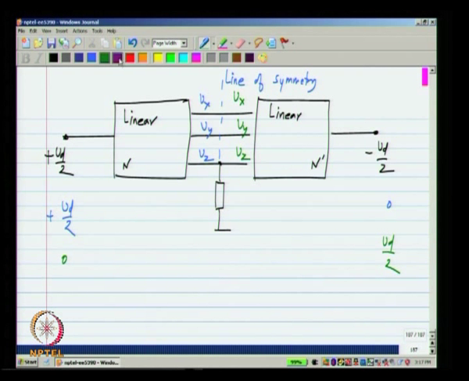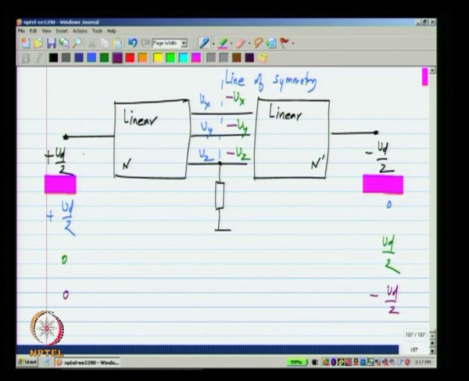Now, let us say I instead have 0 and minus Vd by 2. What will happen? Because of linearity, where I had Vx earlier, I will have minus Vx and minus Vy here and minus Vz and so on. So, when I have both plus Vd by 2 and minus Vd by 2, what am I going to get? I will get the superposition of these two. Obviously, the superposition is 0.